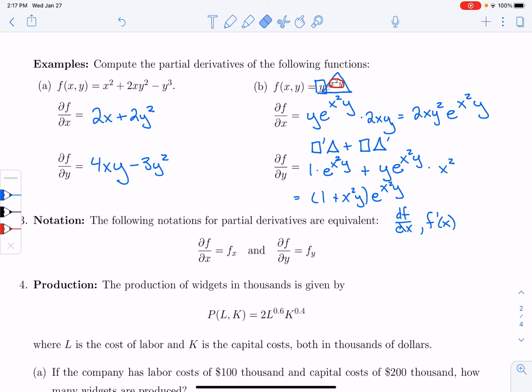We can't use a prime here because if we did, we wouldn't know what variable we were taking the derivative with respect to. So we use a sub x. So f sub x, if you see that notation, means the partial derivative of f with respect to x. And then f sub y means the partial derivative of f with respect to y.